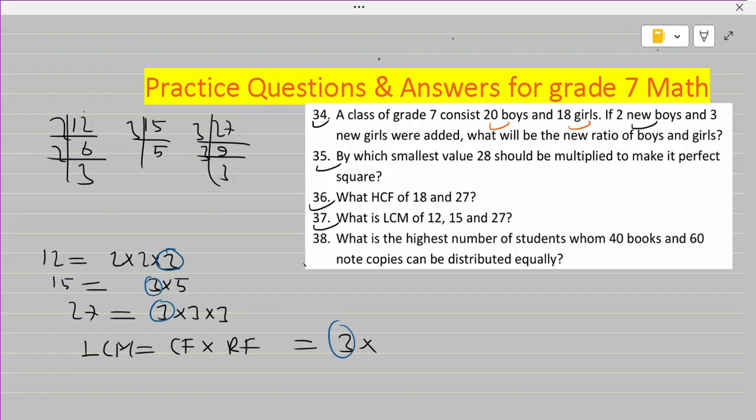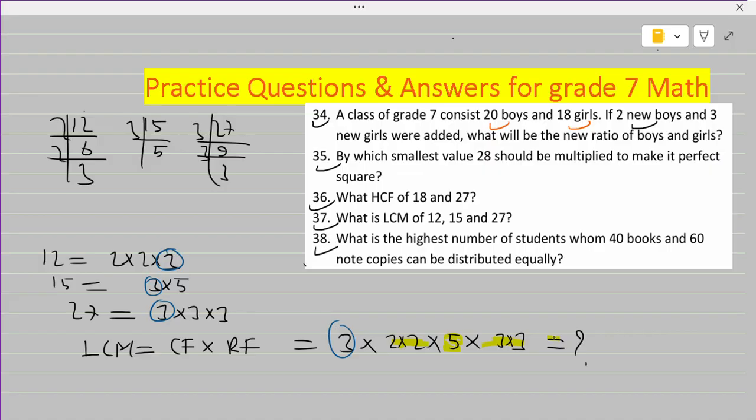From 12 we take the remaining 2 and 2, from 15 the remaining 5, and from 27 the remaining 3 and 3, so their product we keep, is it? You can find the product of these values; that will be the value of the LCM. You can do it yourself, right?